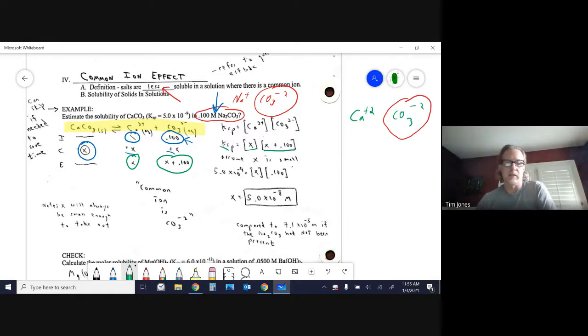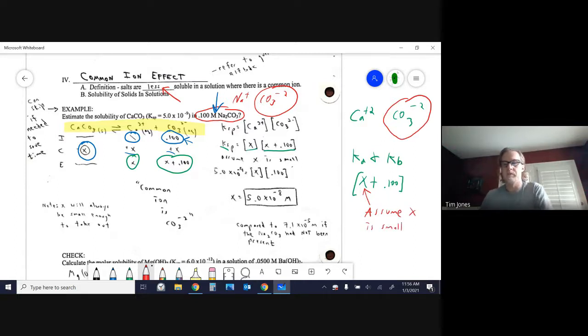Now you can go ahead and solve the math here, but we can take a shortcut. And you might remember last year when you did Ka and Kb calculations for weak acids and weak bases, when there was an X added to something, like what we have here, X plus 0.100, what you can do is you can assume X is small and remove it.